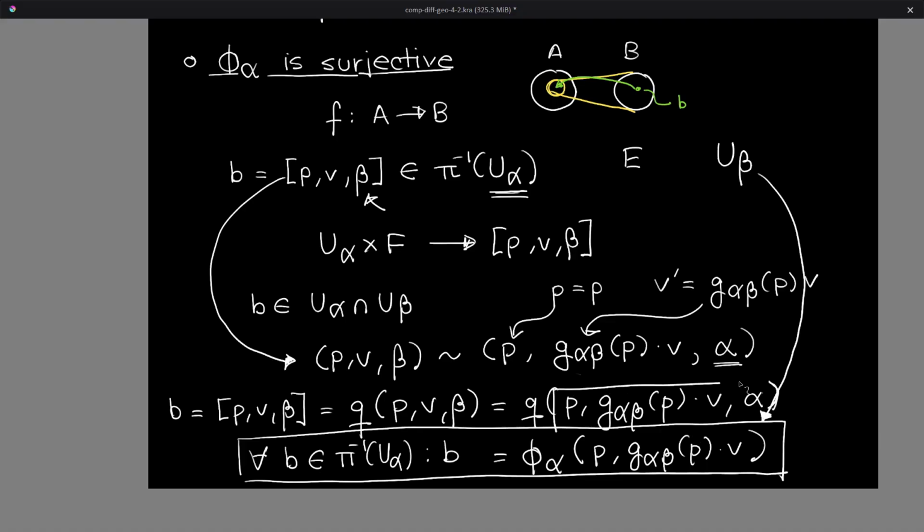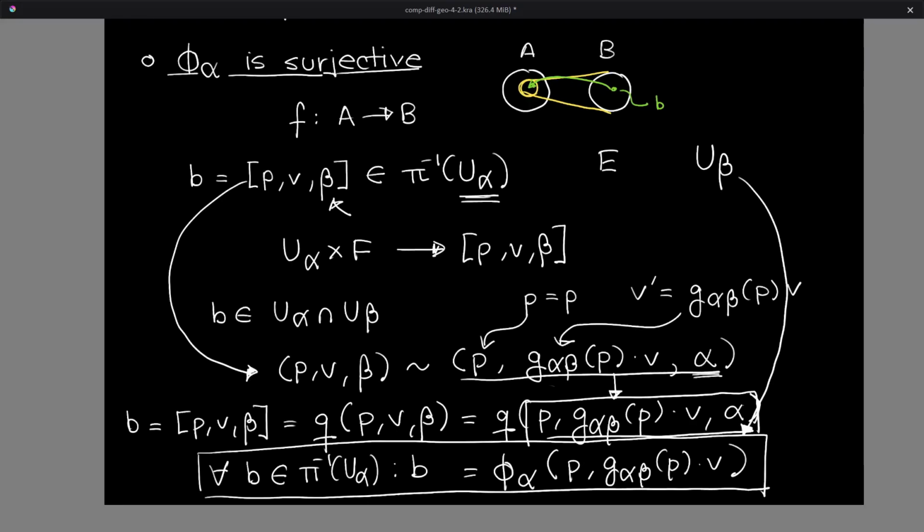That's the point that we said there should be at least. So that means that for every point B that we could have chosen, we have a point that will map to that point. So therefore, phi alpha is surjective.